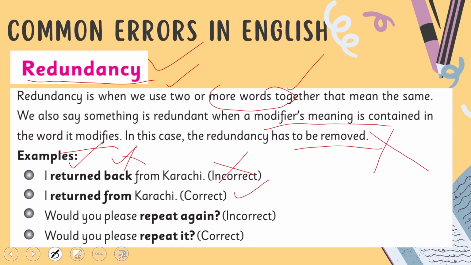I returned from Karachi. This is correct. Would you please repeat again? No, repeat already means saying something again, so we can't use the word again over here. Would you please repeat it? This is correct, and the other is incorrect. It's very simple. Why do we need another word for something that's already self-explanatory?